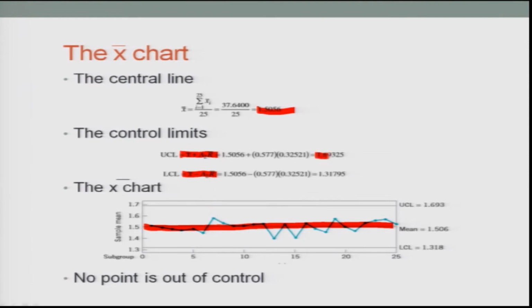The upper control limit comes out to be 1.6932, which is plotted here, and the other value is 1.31795, which is plotted here, and then you see the plots have been made. The plot where I am hovering my pen is the average of the first sample. This last one would be the sample average for the last set of 5 observations taken together, which is the 25th one.